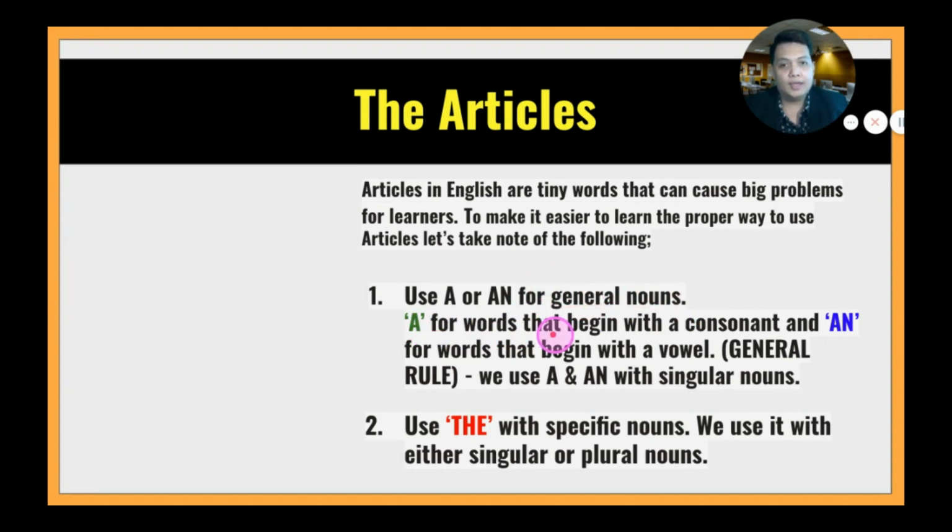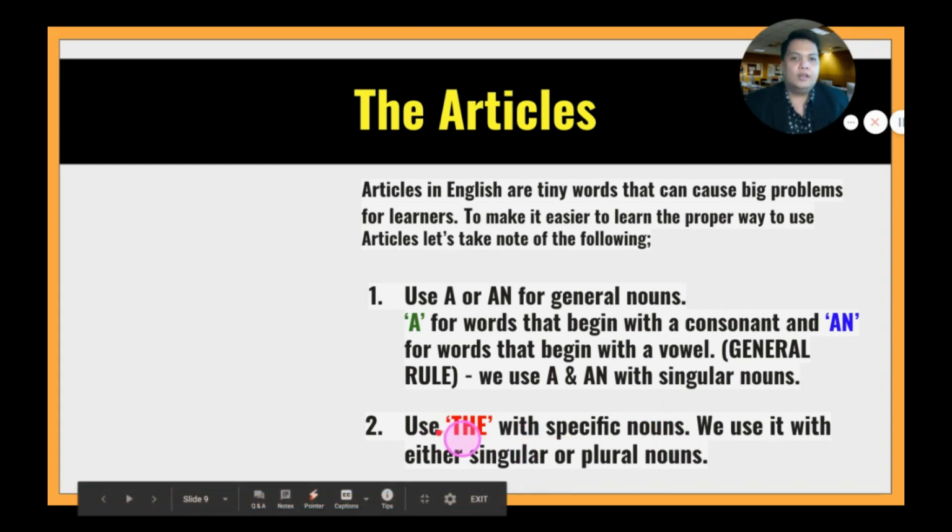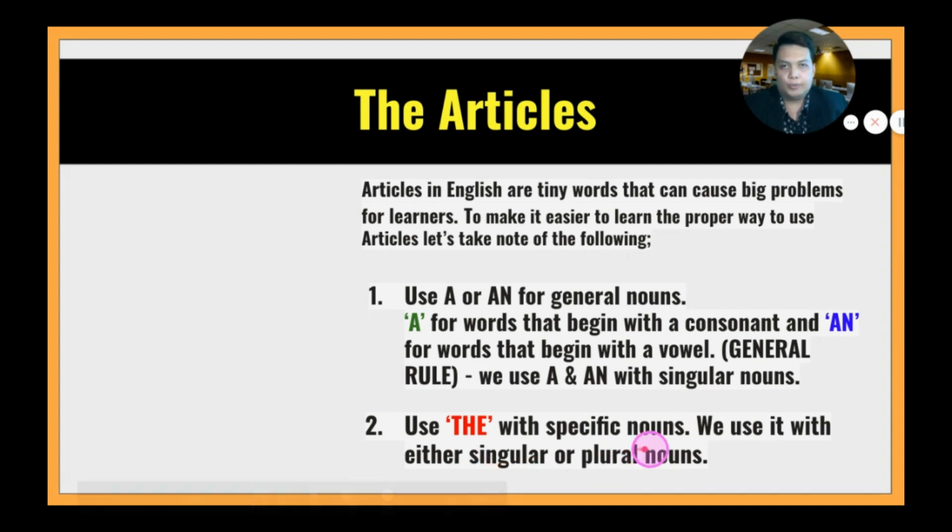A is for words that begin with a consonant, and an for words that begin with a vowel. This is a general rule. We use a and an with singular nouns. Here, we use the with specific nouns. We use it with either singular or plural nouns.